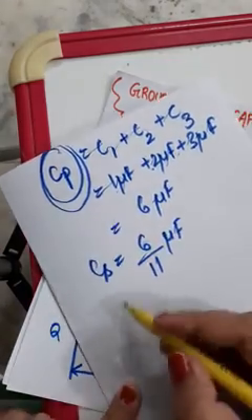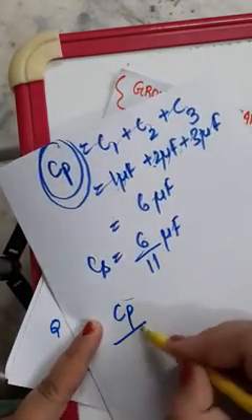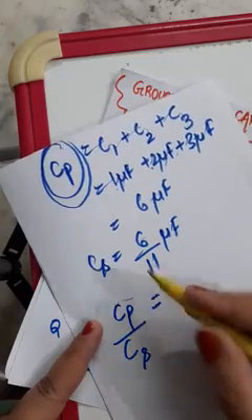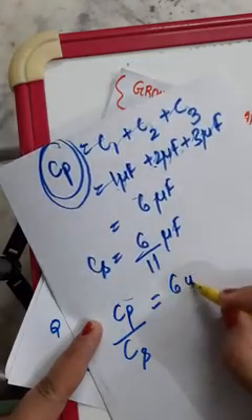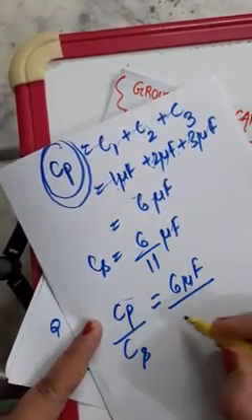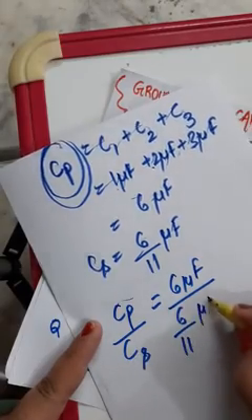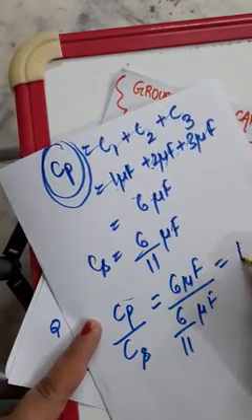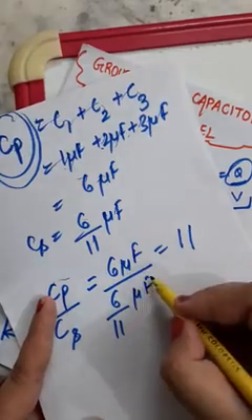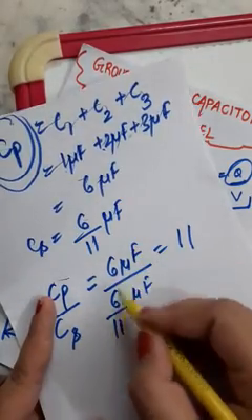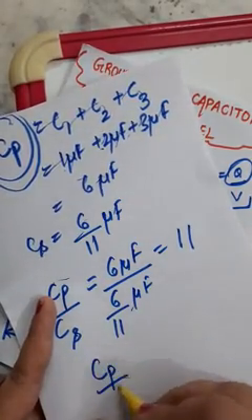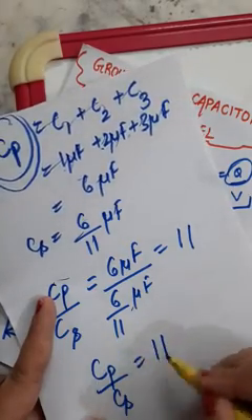So this you can do as Cp upon Cs. Now Cp is 6 microfarads, Cs is 6 by 11 microfarads, and this will be 11. Because microfarad cancel, 6 cancel. So Cp by Cs comes out as 11.